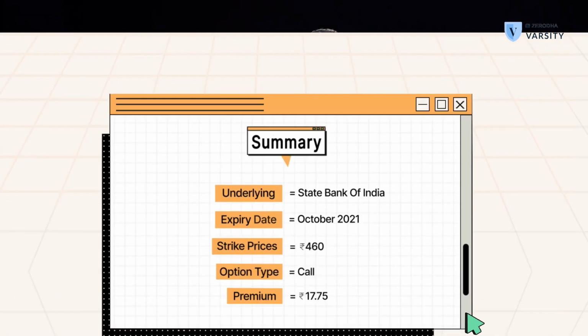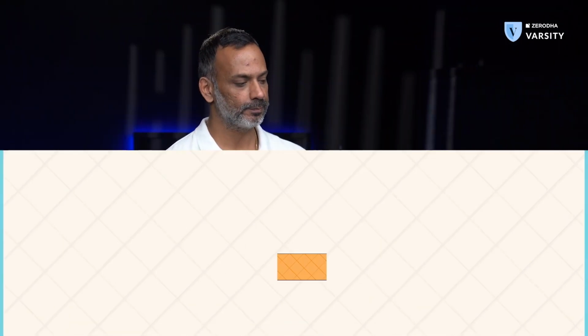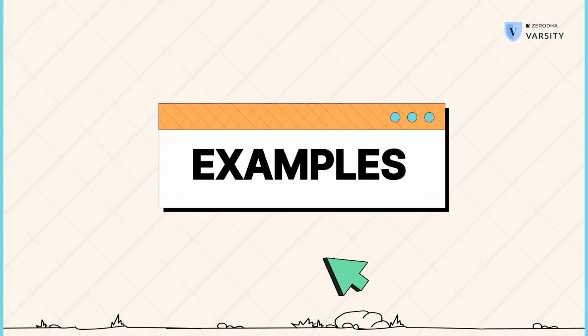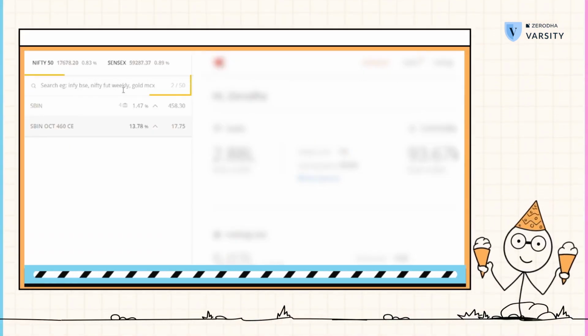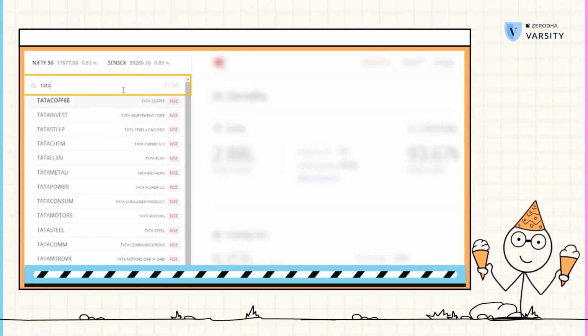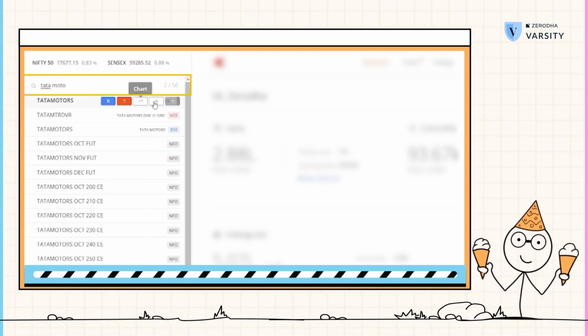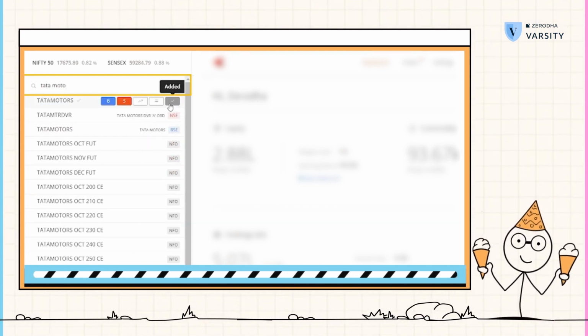Now, just to help you understand this better, let me load another stock and we'll go through the contract details of that particular stock. Let me pick Tata Motors for you. I've loaded Tata Motors in my watch list. The stock is trading at roughly about 340 rupees per share.